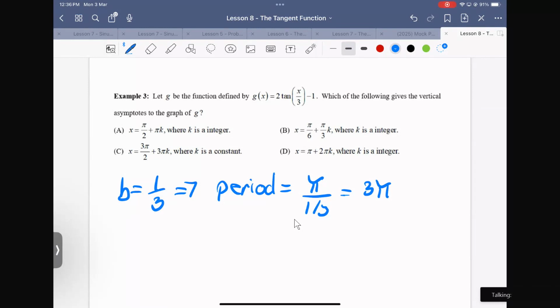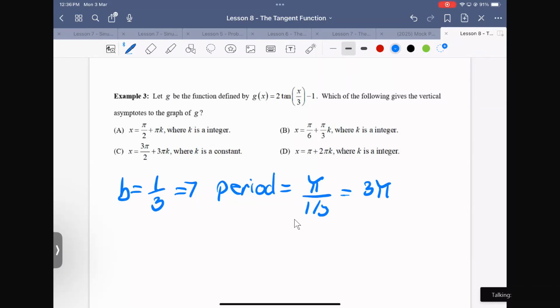So the first asymptote, now let me come from this perspective. What type of dilation have we got? We've got a dilation horizontally by a factor of 3. Everything gets moved across by 3.